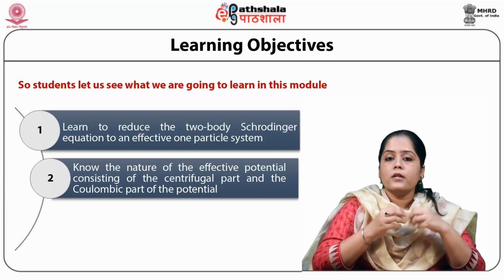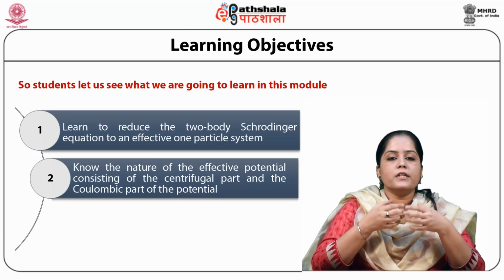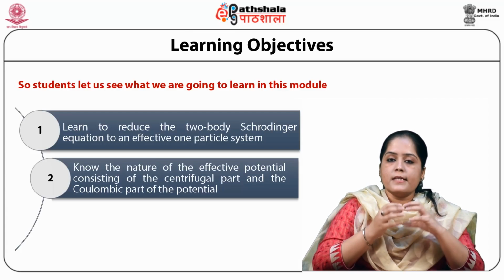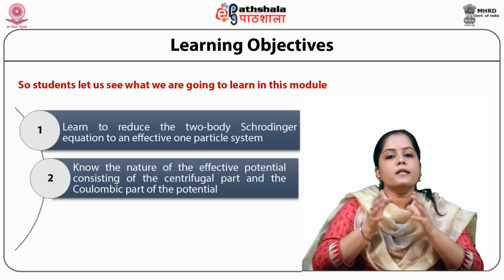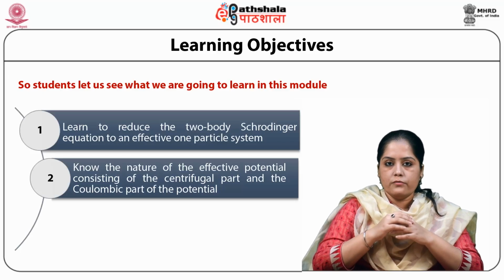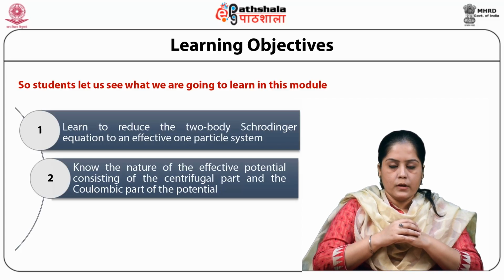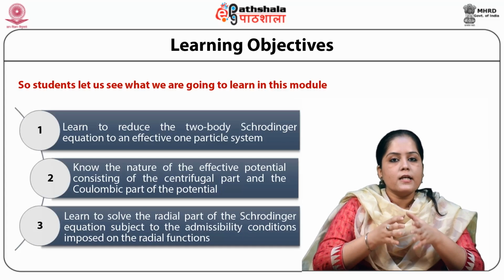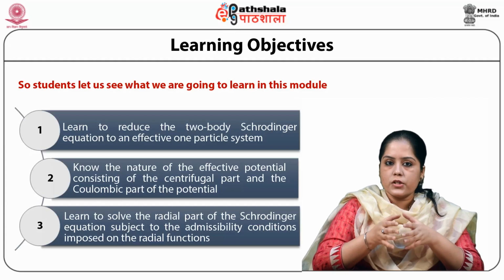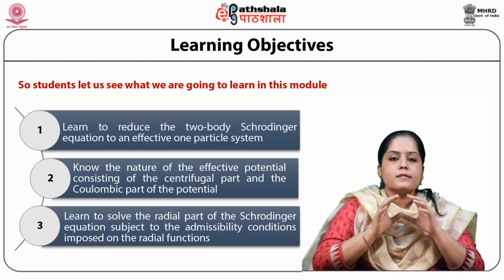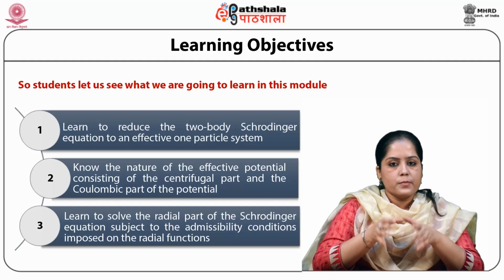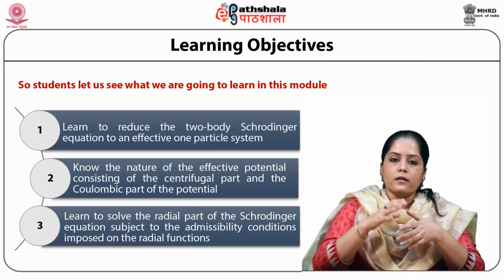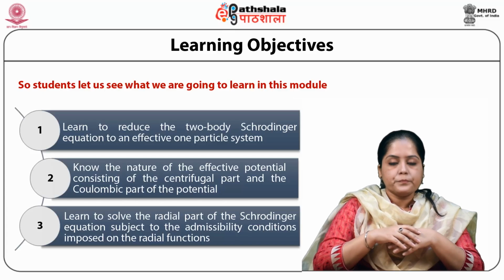Second, we will know the nature of the effective potential consisting of the centrifugal part and the Coulombic part of the potential. We will also learn to solve the radial part of the Schrödinger equation subject to the admissibility conditions imposed on the radial functions.